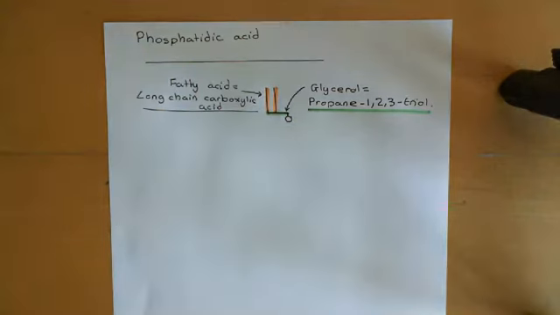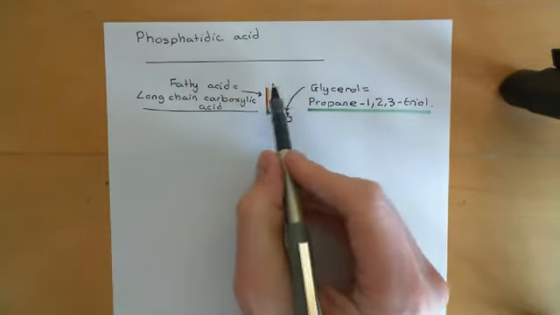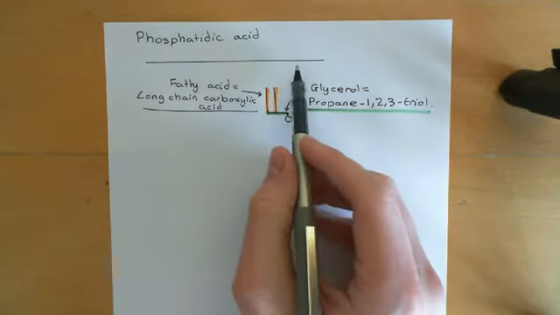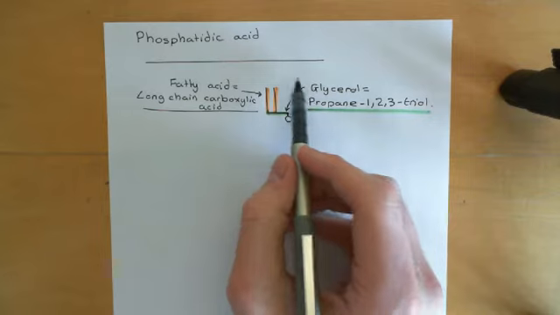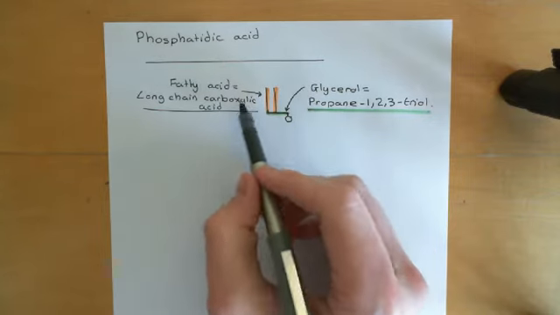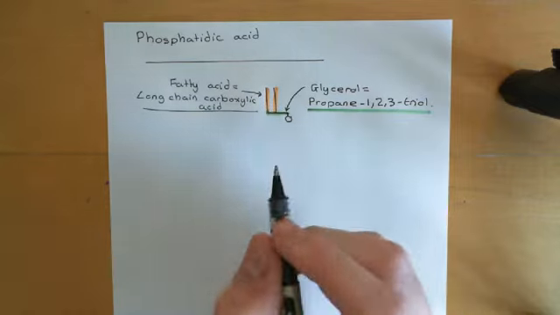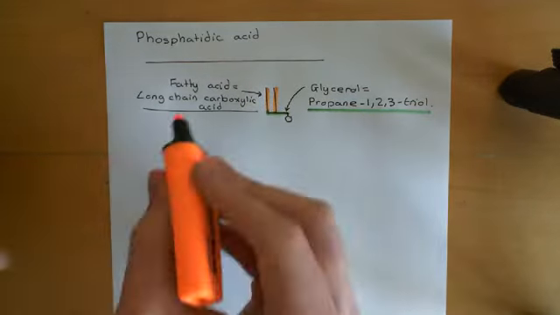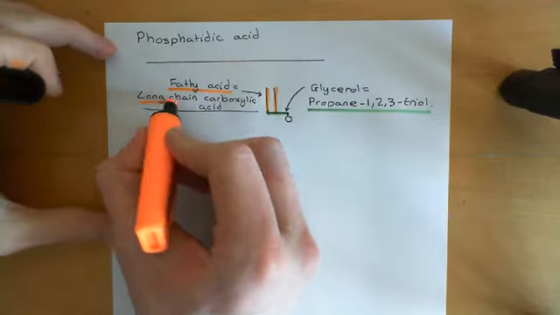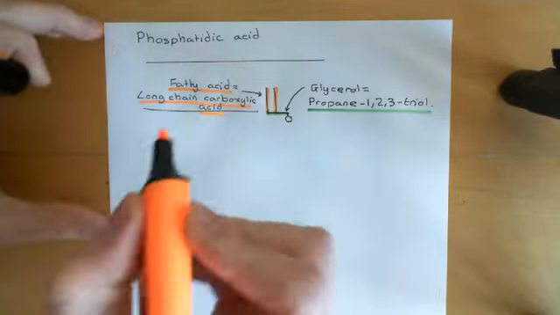Those are very, very hydrophobic, and these are the lipid components of this phosphatidic acid molecule. These are what anchor this molecule in the phospholipid bilayer, in this hydrophobic core portion of the phospholipid bilayer. So these are the lipid portions of the phosphatidic acid molecule. So fatty acids or long-chain carboxylic acids.